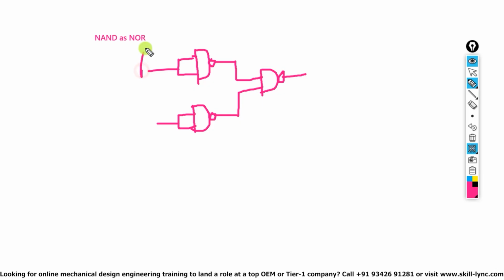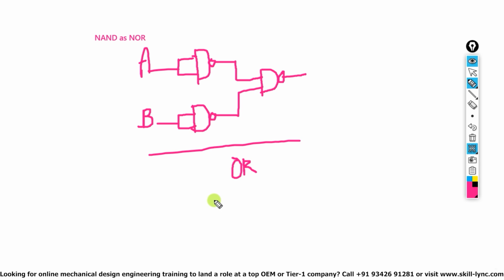If I take it is A and it is B. If you remember, this circuit is a circuit of NAND gate as OR gate.